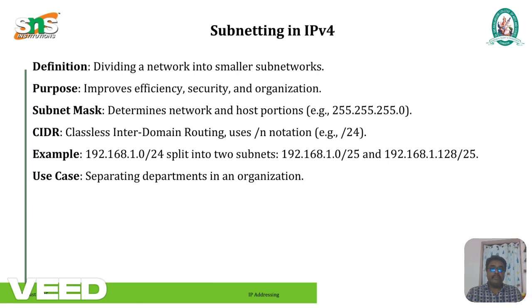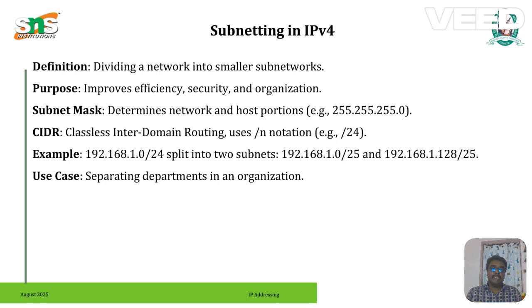Subnetting is dividing the network into even smaller networks, in the form of subgroups. It is done to improve efficiency and helps us manage our networks in a more efficient way, so that we employ a very secure operation. It determines the network and host portions of the network addresses.